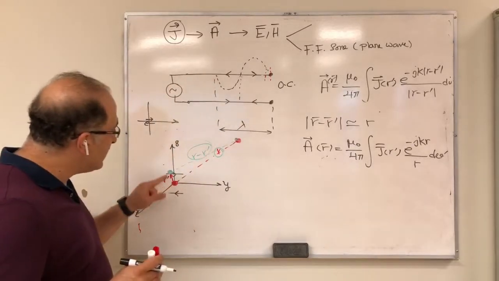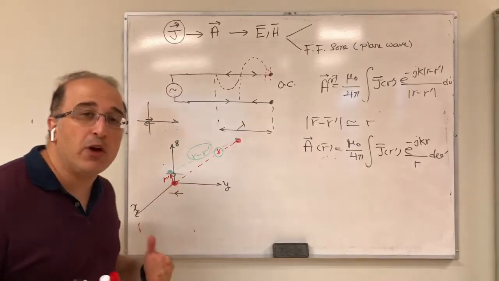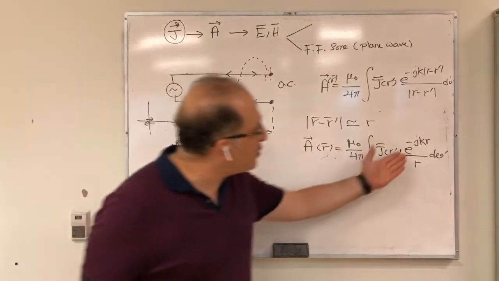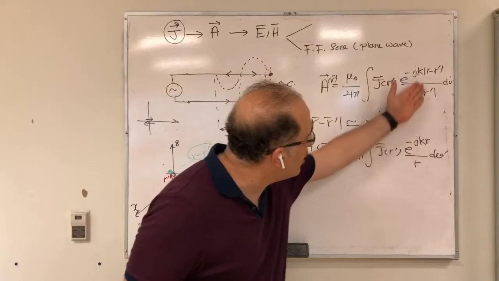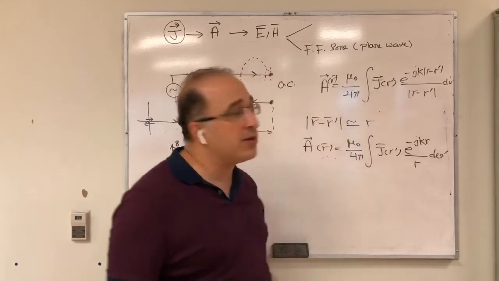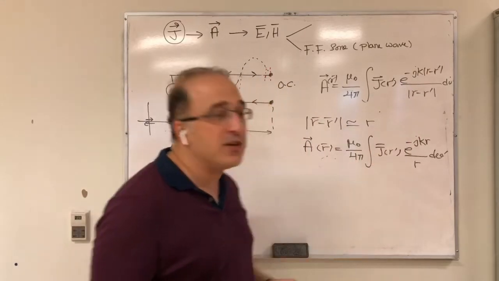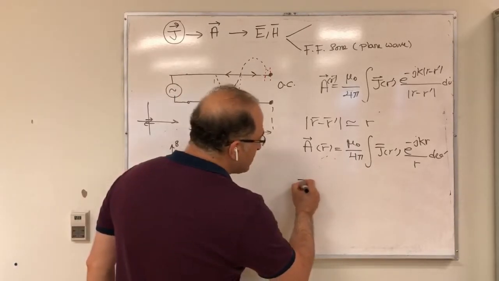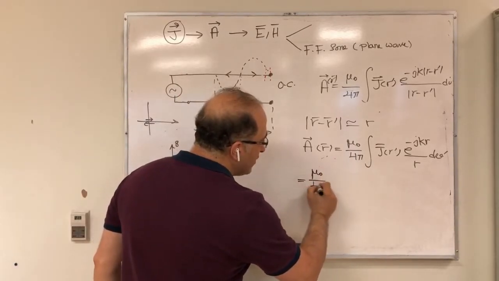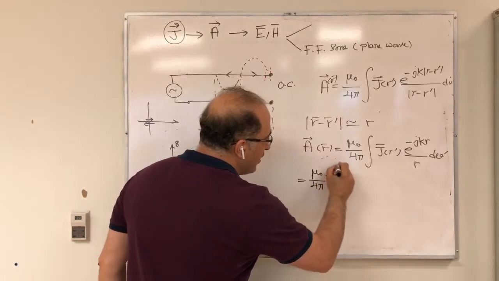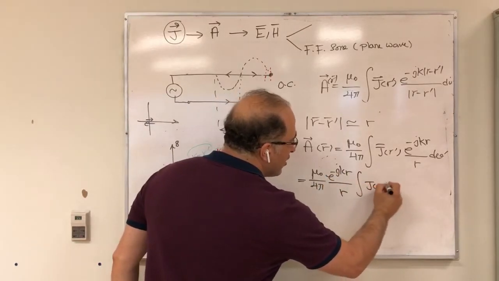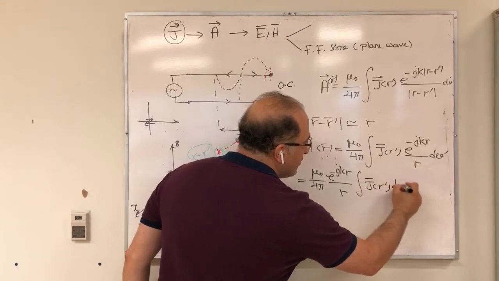Prime was the coordinate over which I have my sources, source being currents here. This e to the power of minus jkr divided by r had r prime, so it was part of the integration. But now that it does not have r prime, I can just take it out. And that becomes mu naught over 4 pi, e to the power of minus jkr over r, times the integral of J of r prime dv prime.